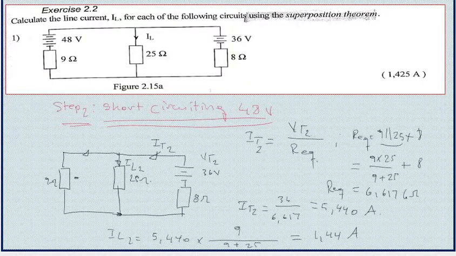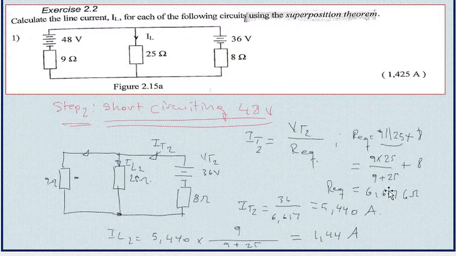There is a typical mistake in step 2. The problem is here. If I compute this, I won't get 6.6176. We have 9 multiplied by 25 divided by 9 plus 25, and then plus 8.